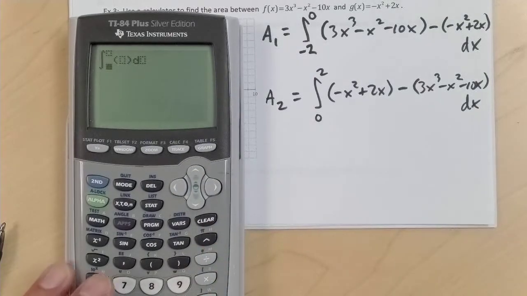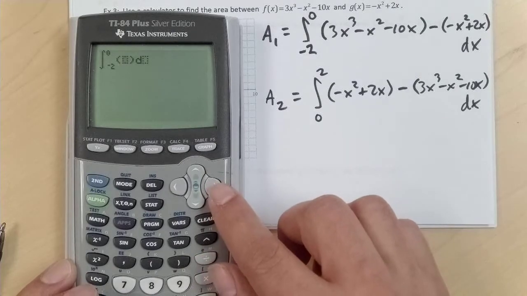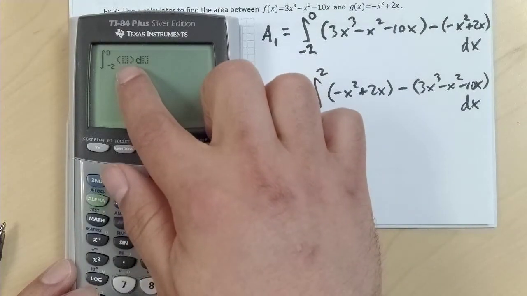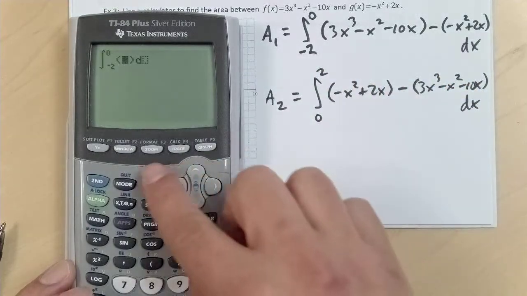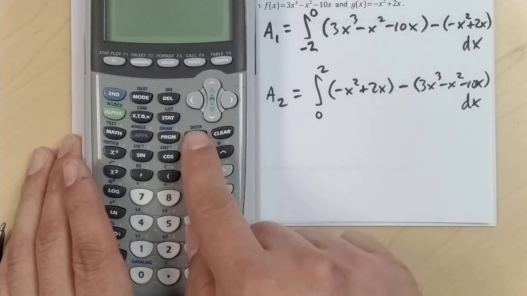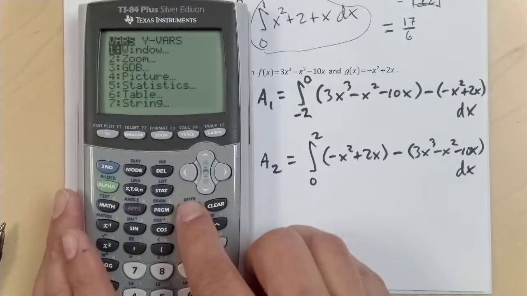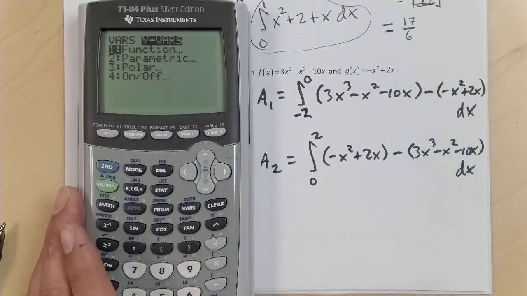Nice. So then I just type in -2, 0. And now in here, I could type all this in, that's not a big deal, but I could just go to vars, then yvars, function.